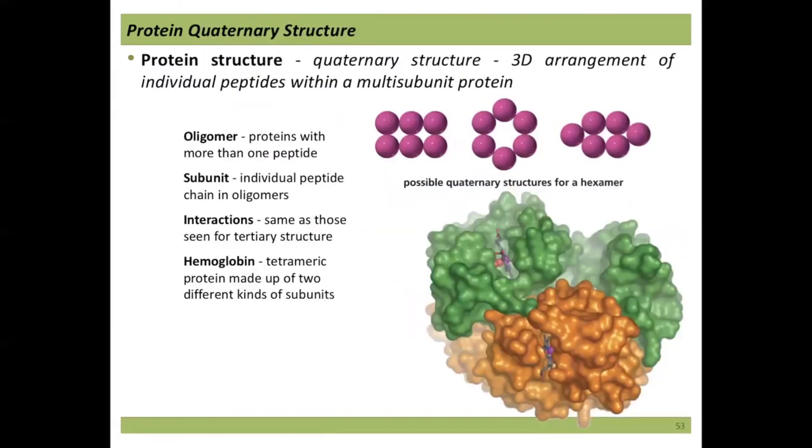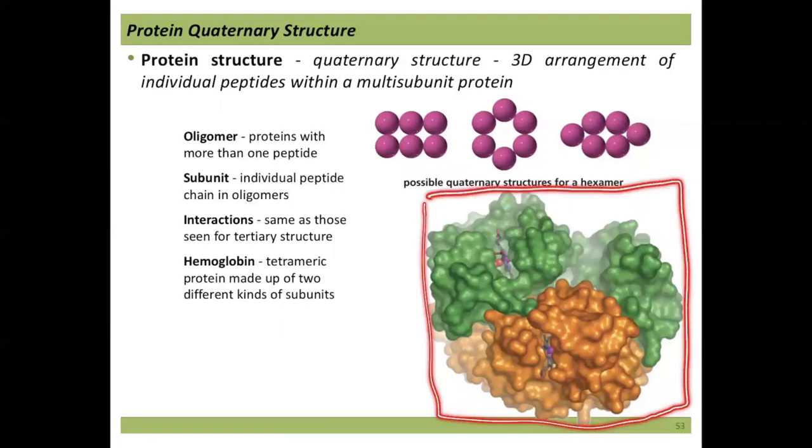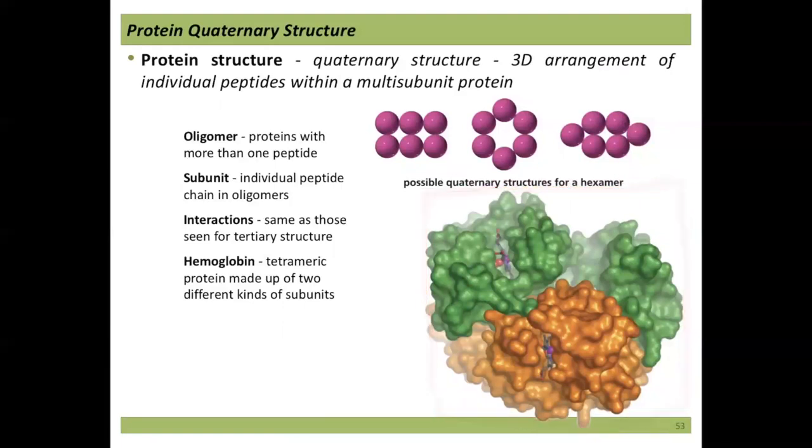And then some proteins are actually multi-subunit. They have multiple subunits, such as hemoglobin, which is this structure here. This is what carries oxygen. Hemoglobin is a tetramer of two pairs of identical subunits.